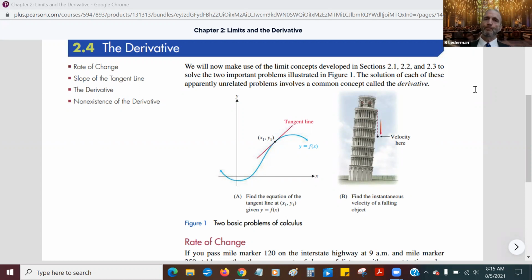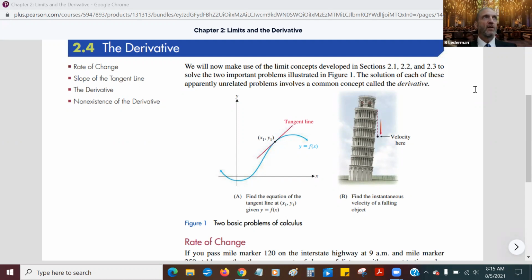So if I drove 100 miles and it took 2 hours, 100 divided by 2 is 50, so it's 50 miles an hour. That's for the whole trip. But if you want to pinpoint it to one precise second, there's really no algebra way to do it, and that's really where calculus now comes into play.